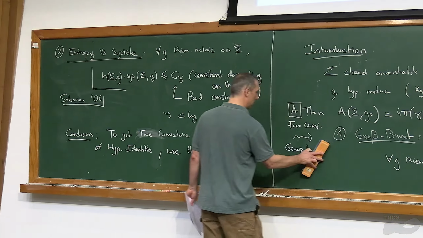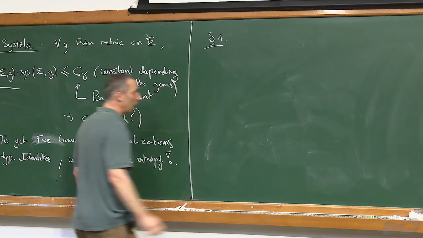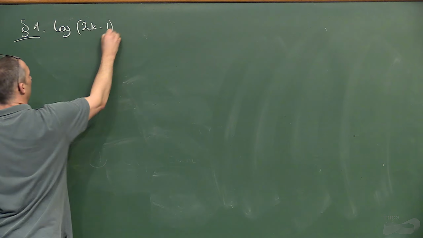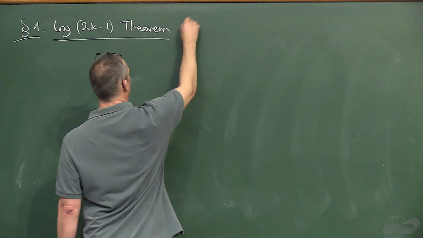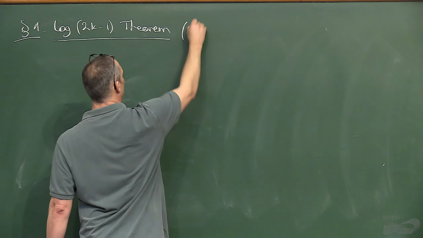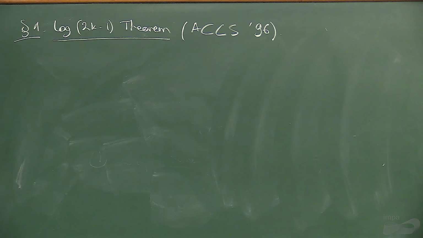Now I will show you another hyperbolic inequality that can generalize to the curvature-free case, just using the volume entropy. This is called the log 2k minus 1 theorem. This is a theorem by Anderson, Canary, Culler, and Shalen in '96. And it says the following.